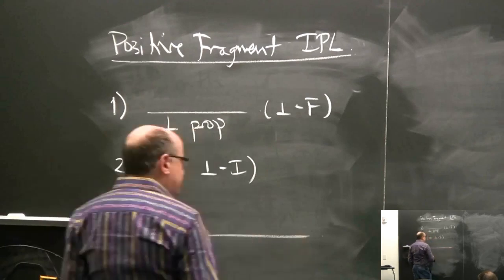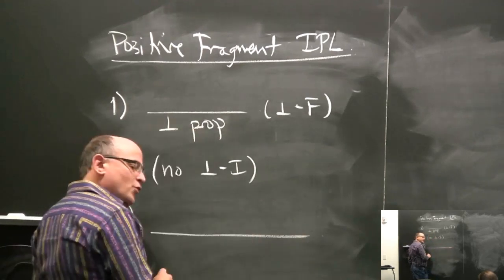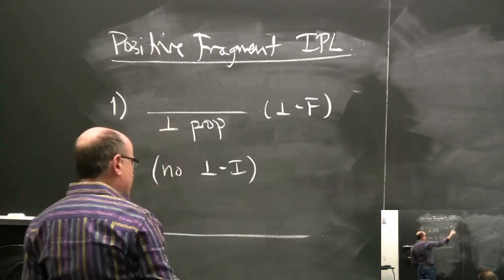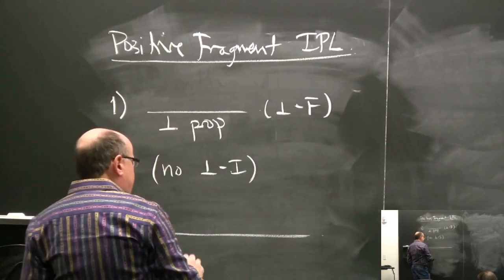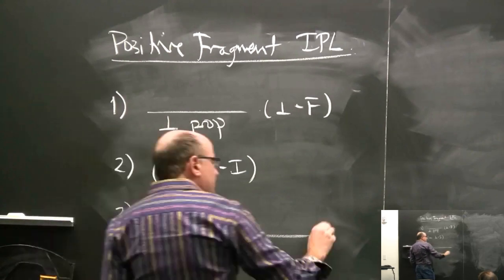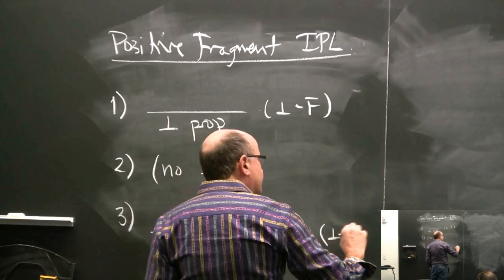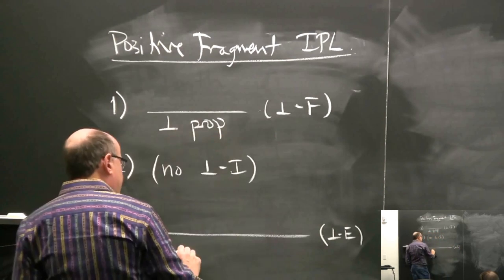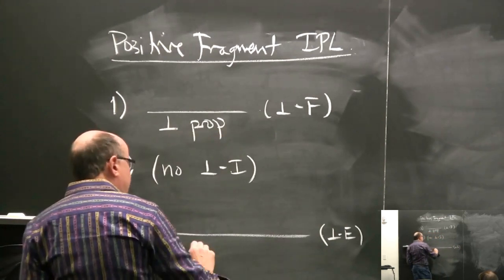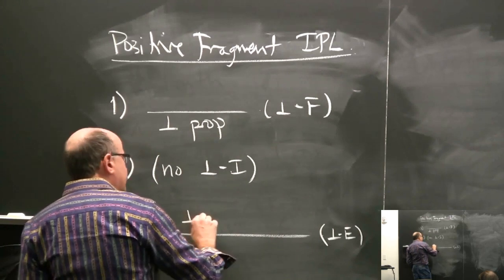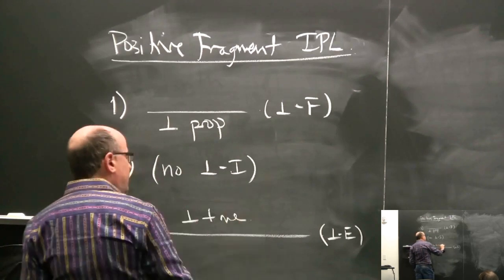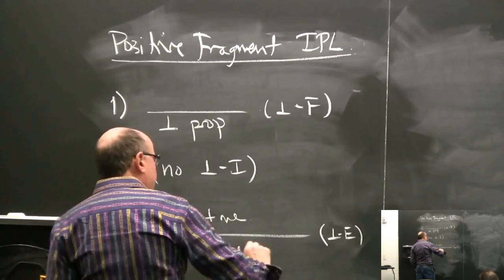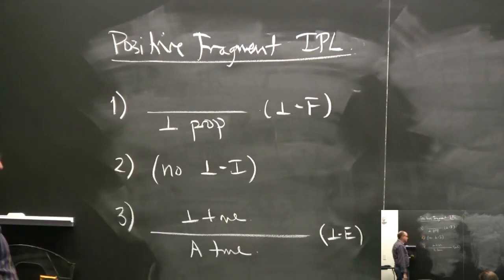But it does admit an elimination form, and you have to see why, and it'll help once I do the thing on the next board to see why this is the case. And the falsehood elimination is the famous ex falso quodlibet, right? It says that from gamma, I can write it like this. It says if false happens to be true, then A happens to be true for A being any proposition.